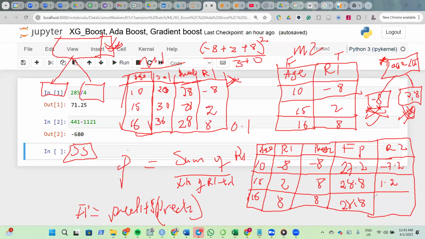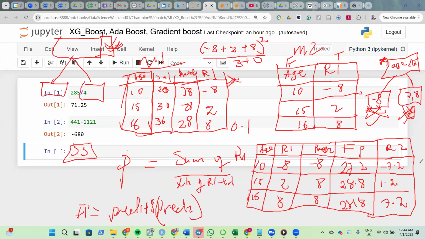It is 7.2. So you see that our residual is reducing now. Our residual 1 was 8, now it's 7.2. Our residual 2 is 1.2. If you continue, that's how the residual will be reducing up until the last one, where your residual will be insignificant.